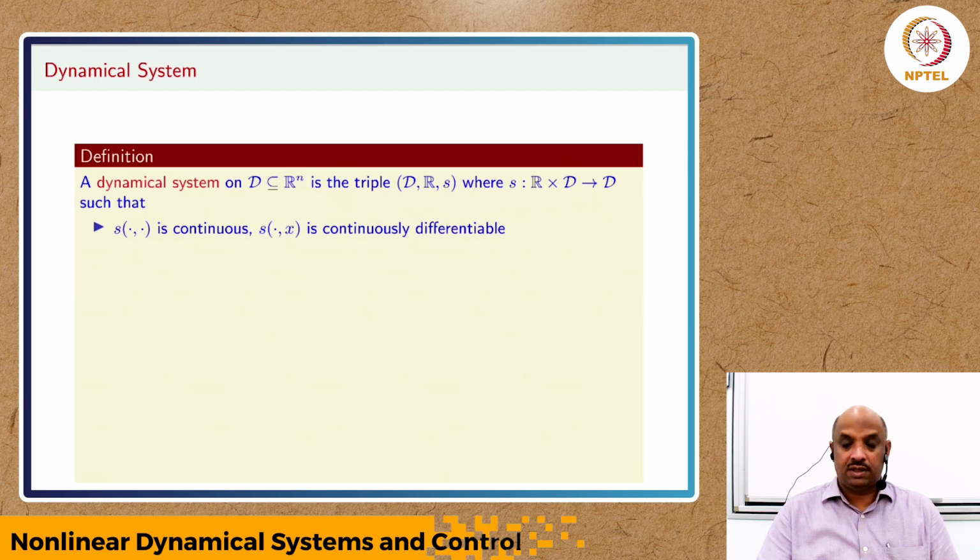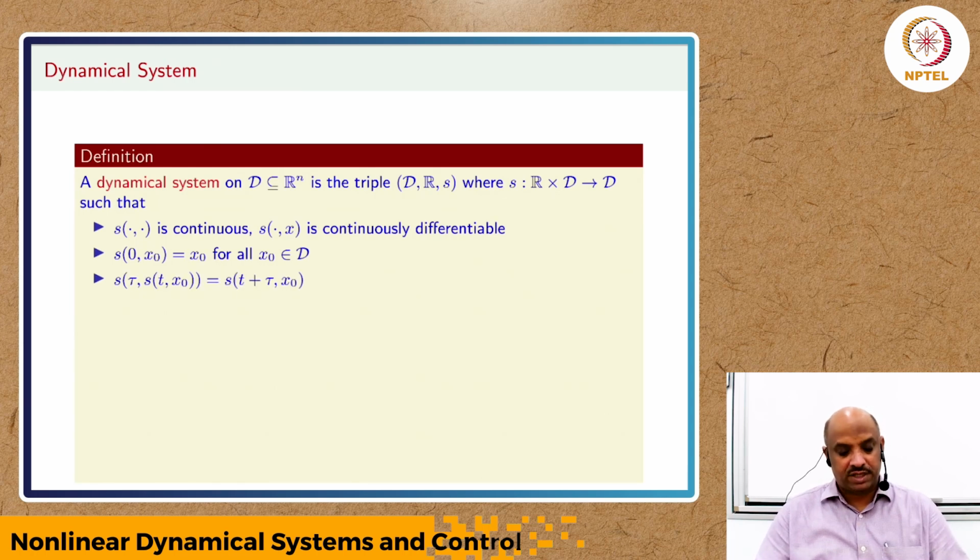So this S as a function of two variables is continuous, and as a function of the first variable, it is continuously differentiable for every x, which is the second variable, and it satisfies this so-called initial condition equation, where S of 0 comma x0 is x0 for all x in this space D.